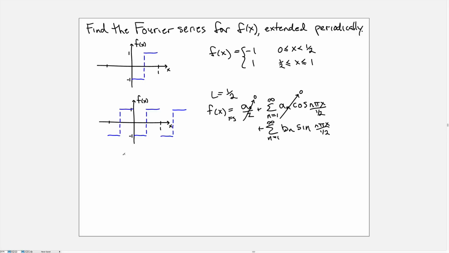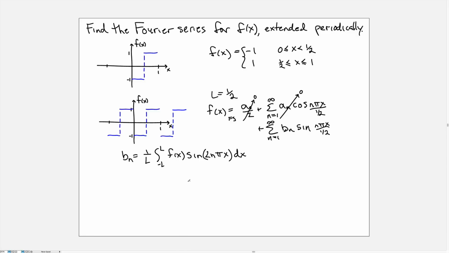So let's do that. The formula for bn is 1 over L integral from minus L to L of f of x multiplied by sine of, and now I'm going to take this half and put the 2 in the numerator. It's the same expression, just rearranging the fraction.